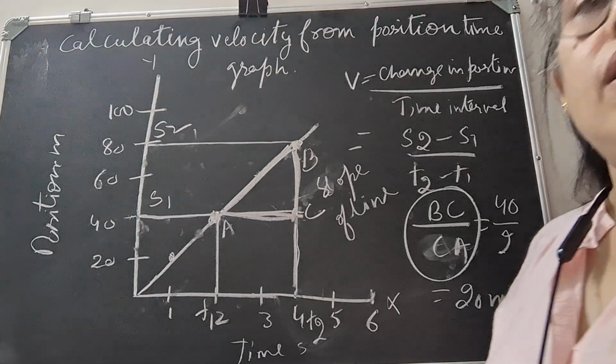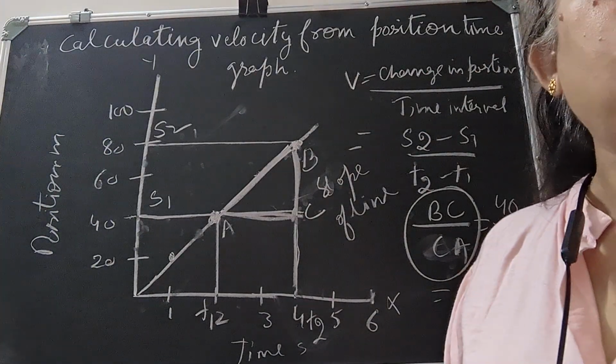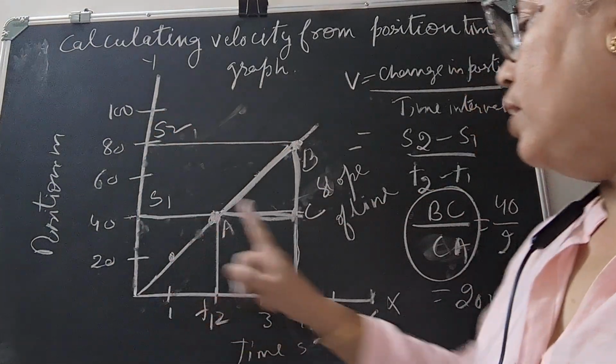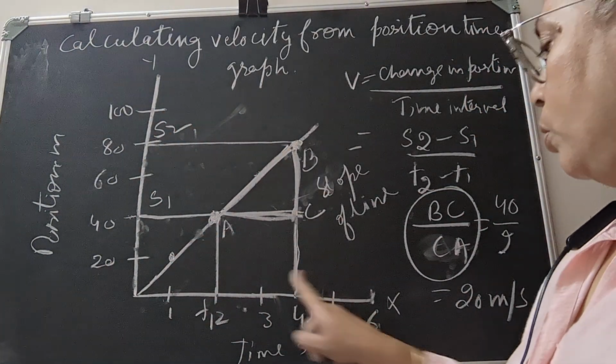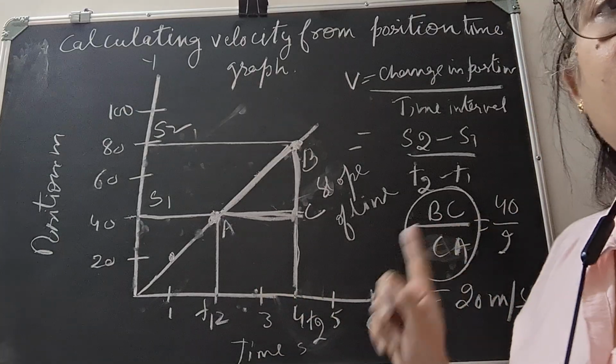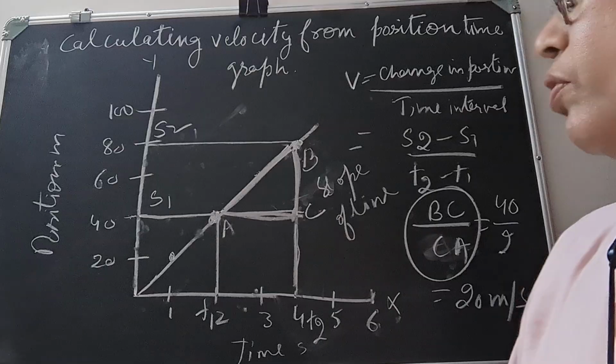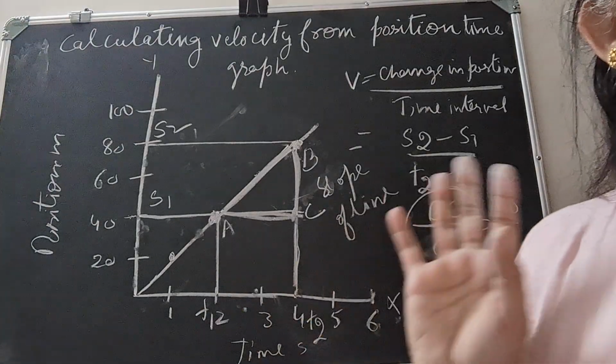The slope of a graph gives information about the rate of change of the quantity shown on the y-axis corresponding to the x-axis. This is how we calculate velocity in the position time graph.